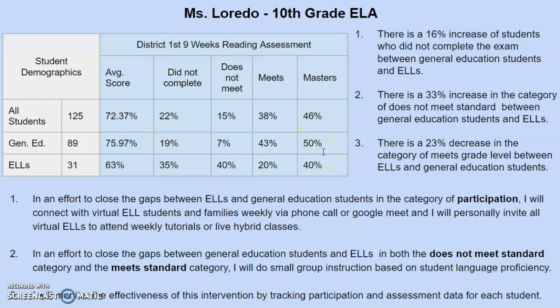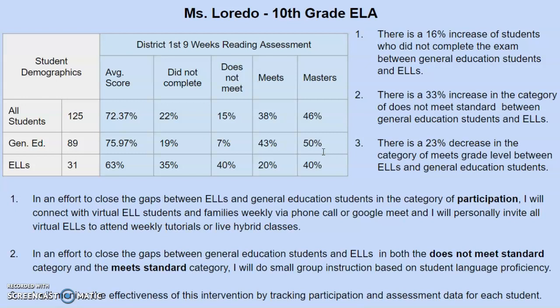Those numbers may be different for you guys depending on what you think is fair for does not meet, meets, and masters. The only key here is that you're going to have to keep those designations the same throughout the project, because if you change them, you're going to have to go back and change your data in order to make sure that it reflects correct data and not biased or incorrect data, because these designations have changed.